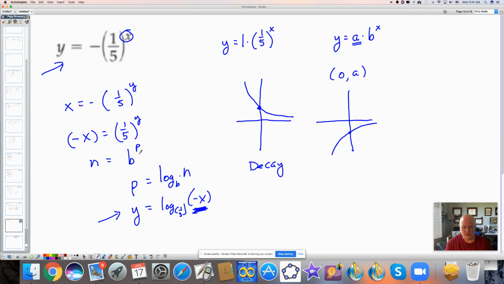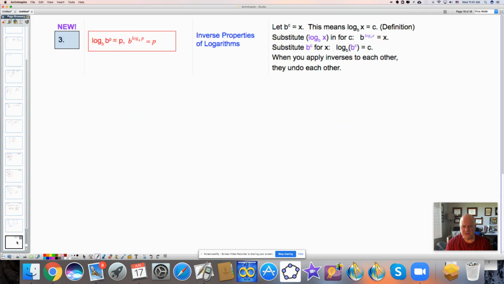One more thing to talk about for today's lesson was this idea of the inverse properties. And you needed this to be able to solve some of the questions today. So if I have the base b raised to some power c is equal to x, I could also write, by the definition of the logarithm, the log of base b of x is equal to c.